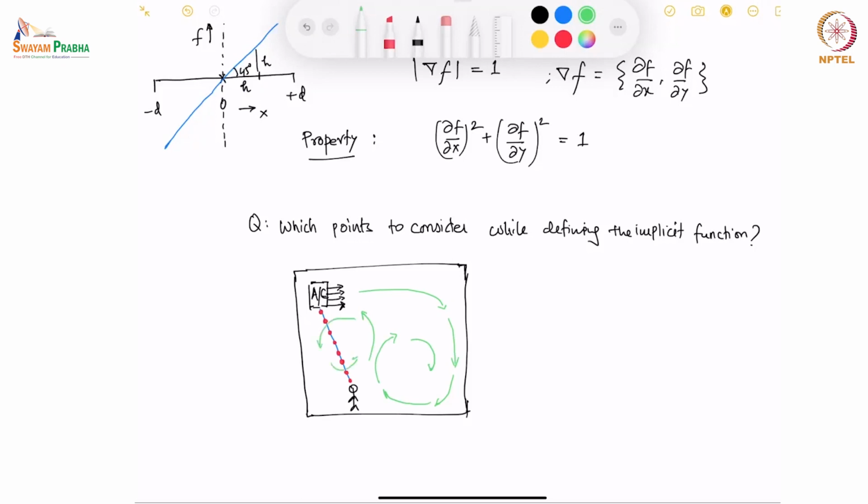So my chances of getting cool air might be here. So I should sample that point, and in fact, I should sample a lot of points in this space, and then do a level set, and then figure out what is the best place to sit. So which points should I sample? Then we don't have an option but to sample the whole space.